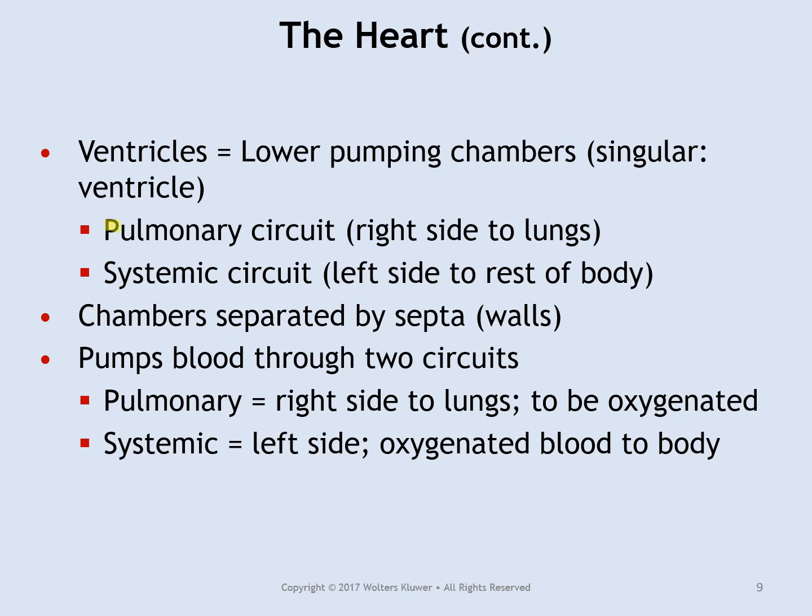The pulmonary circuit is from the right ventricle into the lungs, and the systemic circuit is from the left ventricle into the rest of the body. Chambers of the wall are separated by septa, and the two circuits, once again, are the pulmonary and the systemic circuits. The pulmonary is to the lungs, and the systemic is oxygenated blood to the whole body.